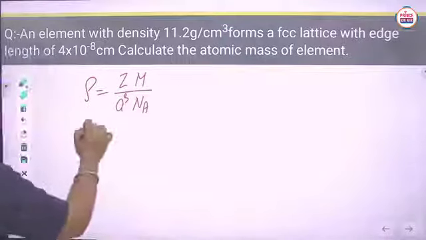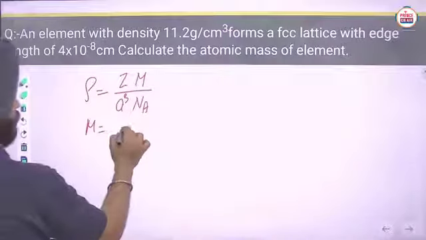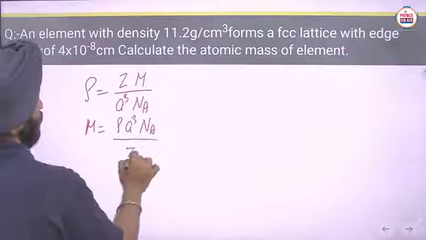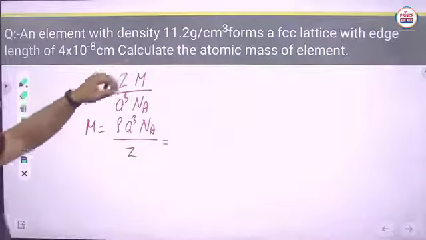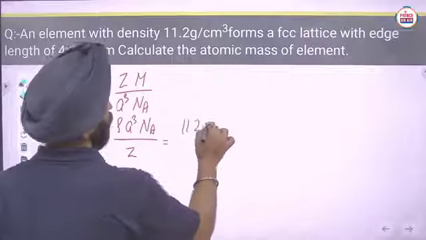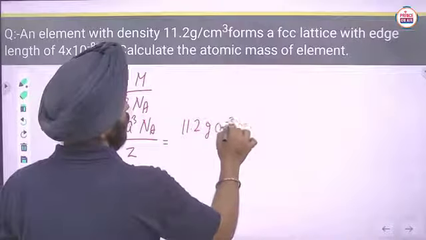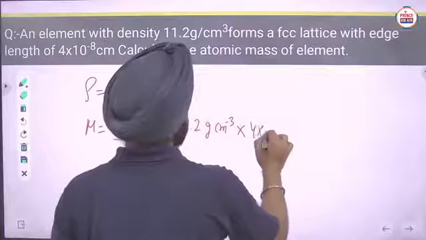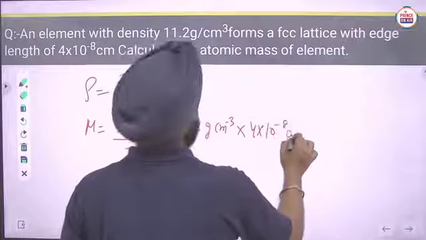Calculate atomic mass. It will come out to be rho into a cube Na upon Z. The value of rho given to you is 11.2 gram per cubic centimeter. The value of a is 4 into 10 raised to the power minus 8 centimeter cube.